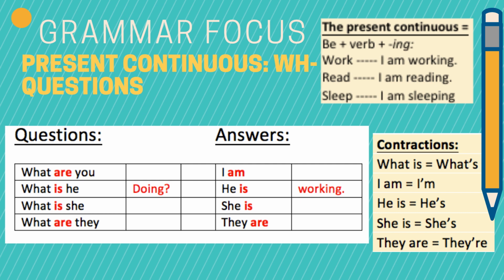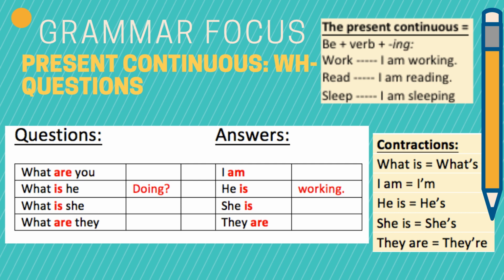Another important thing for you to pay attention to is the verb are and is. We use the word are for you and they. What are you? What are they? We use the word is for he and she. What is he? What is she?